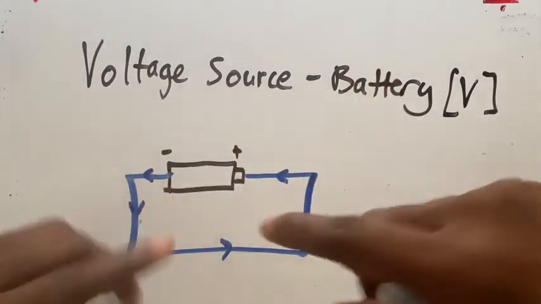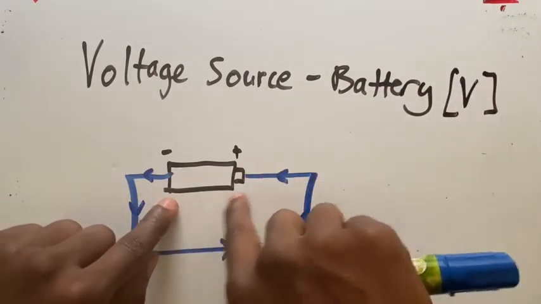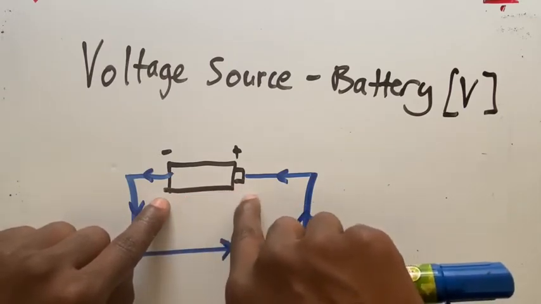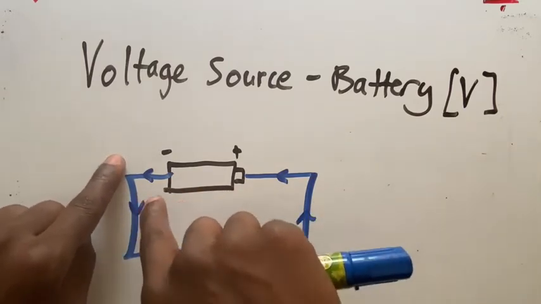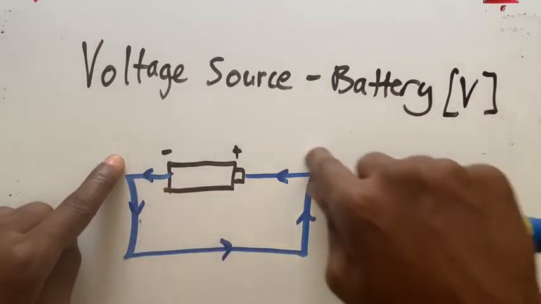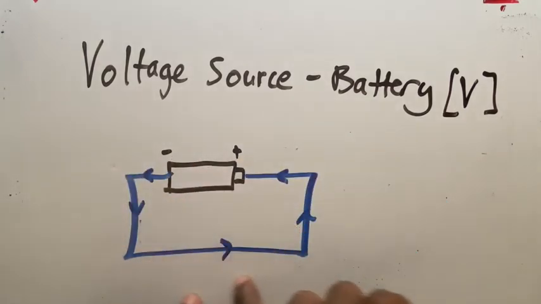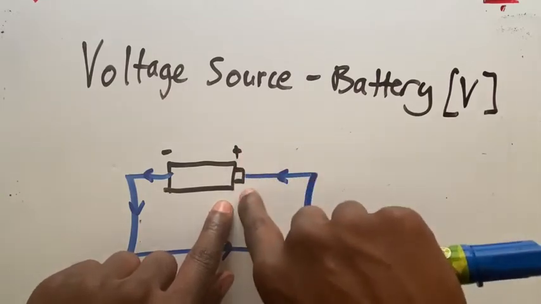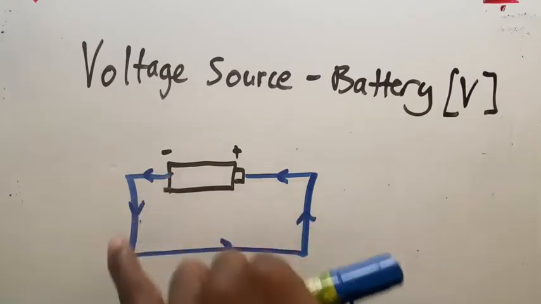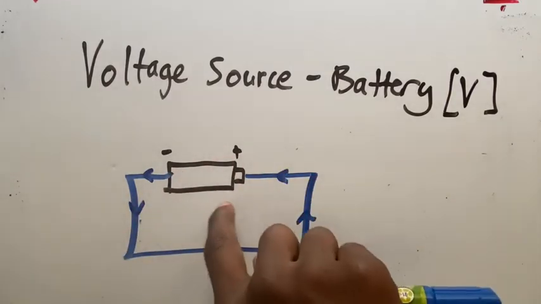This battery is causing electrons to flow through this wire, because the electrons are pushed away from the negative end and attracted to the positive end. And so this battery is causing a current to flow through this wire.